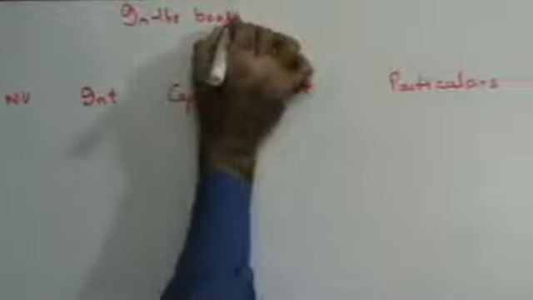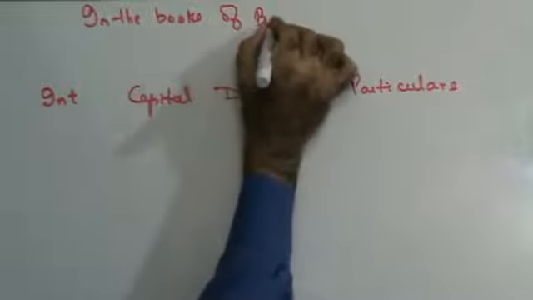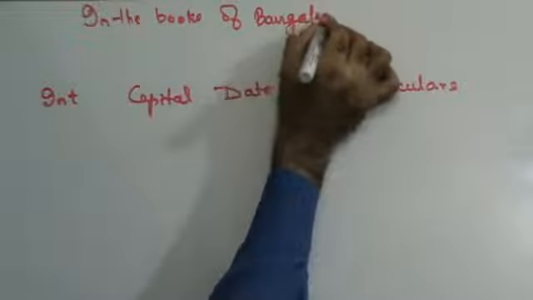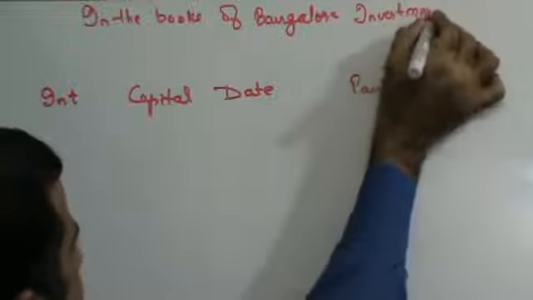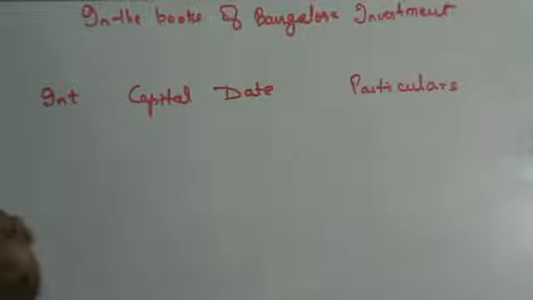In the books of Bangalore Investments. That's the name of the company which is buying this. What are they buying? They are buying 6% debentures.